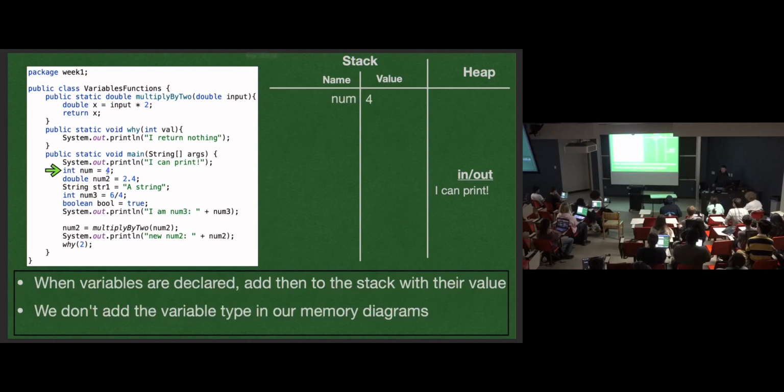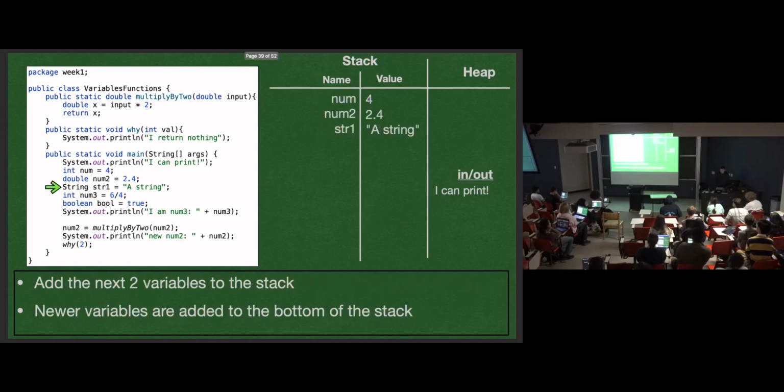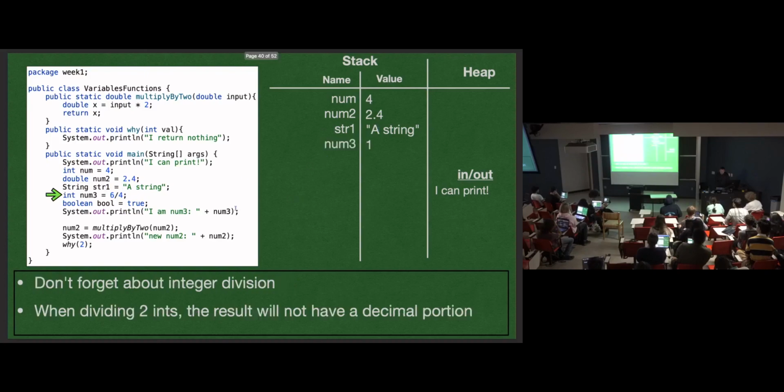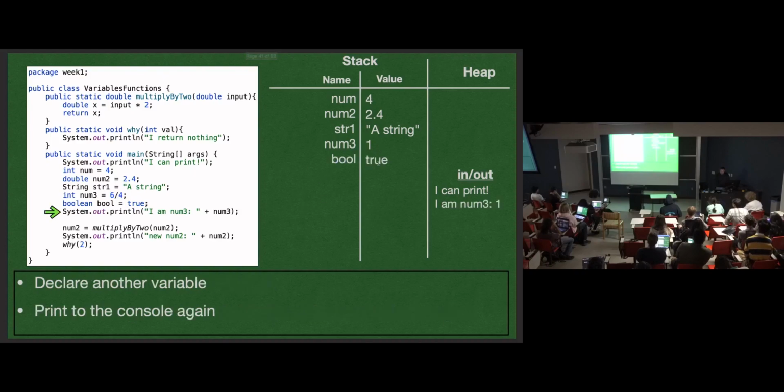When we have a variable declaration, the name of the variable, the value it's storing. Name of the variable, value it's storing. Don't forget about your integer division. And then whenever the machine needs to look up a value, it's not going to look at the code.